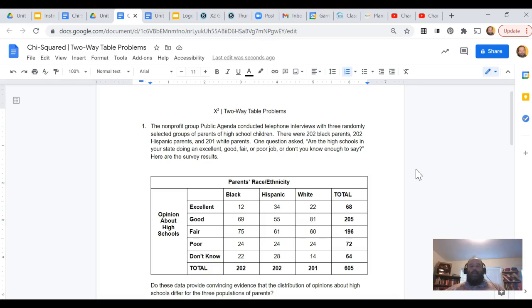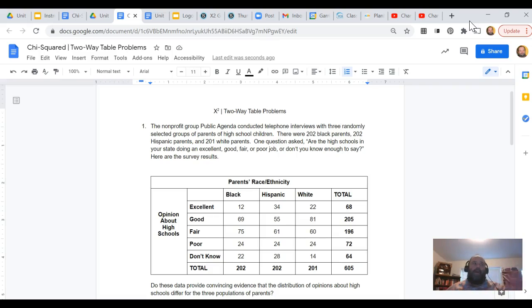In order to do the chi-squared test here, you have to ignore the total column and the total row. So in this case, I have an excellent row, a good row, a fair row, a poor row, and a don't know row. So I have 5 rows and 3 columns: a black, Hispanic, and white column.